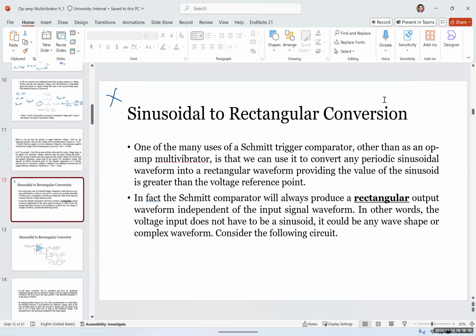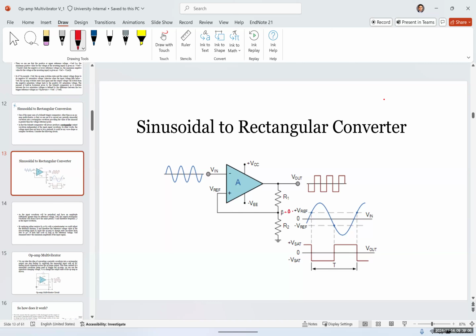So the way this works is that, for example, if I give a sinusoidal signal to the inverting input of this op-amp, and we set this beta, let's say that this beta is 0.1 volts, or 100 millivolts.